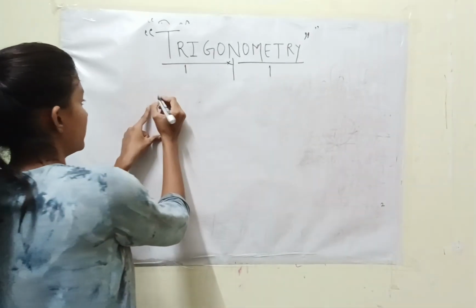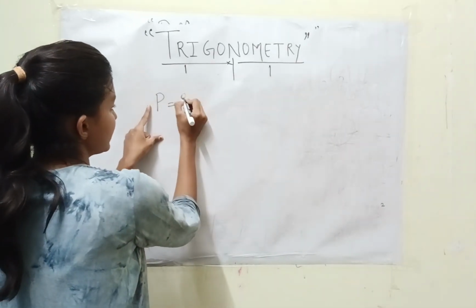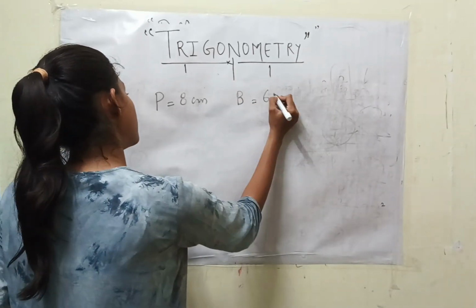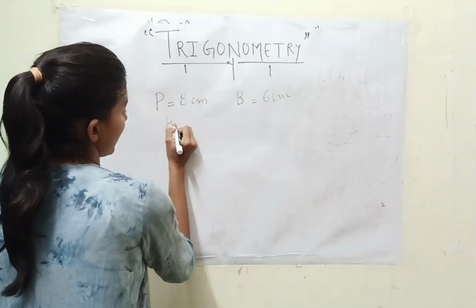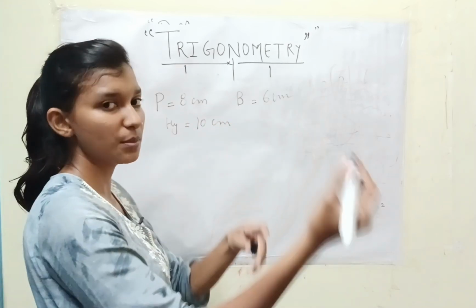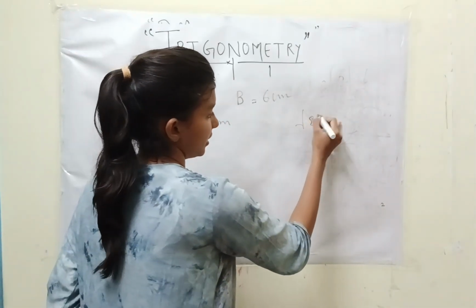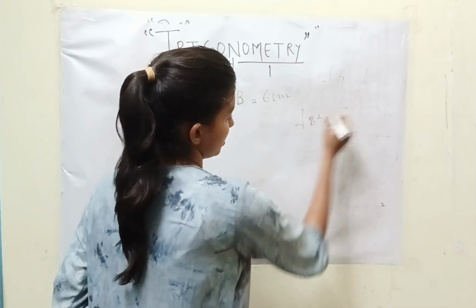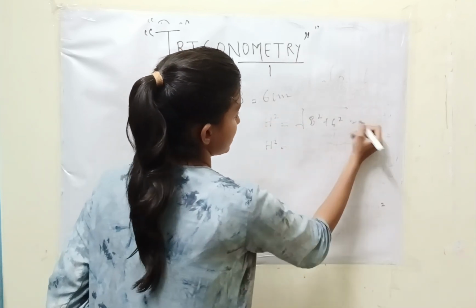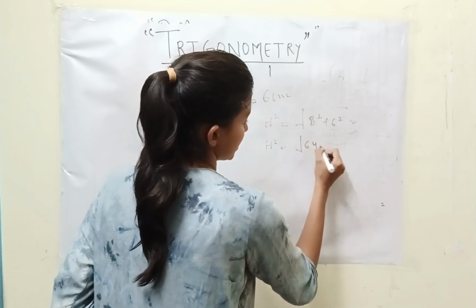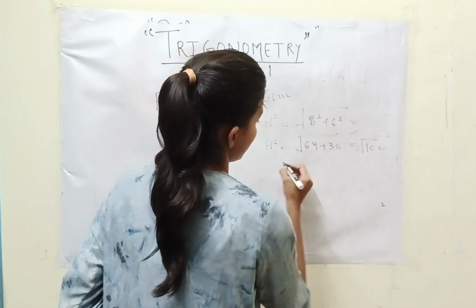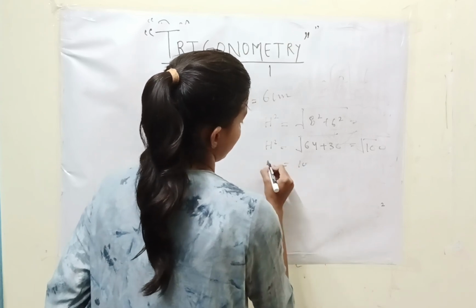Suppose we are given perpendicular as 8 centimeter and base as 6 centimeter, then we can find the hypotenuse, which will be 10 centimeter. By using Pythagoras, we can calculate it. 8 square plus 6 square is hypotenuse square, which is 64 plus 36, equal to root 100, which is 10.